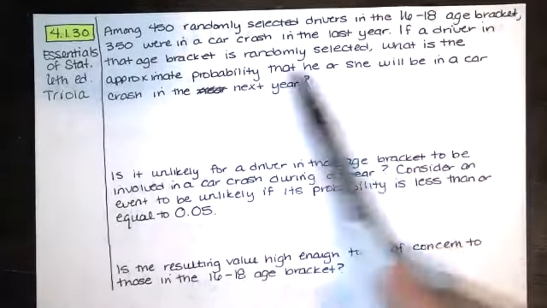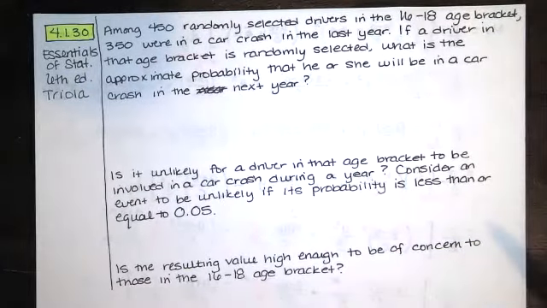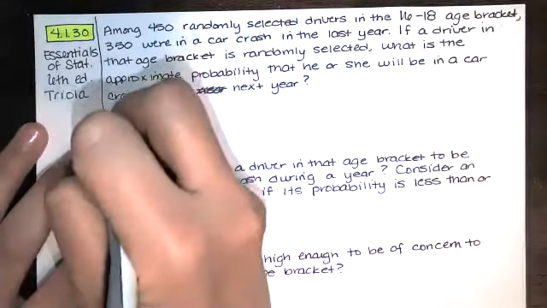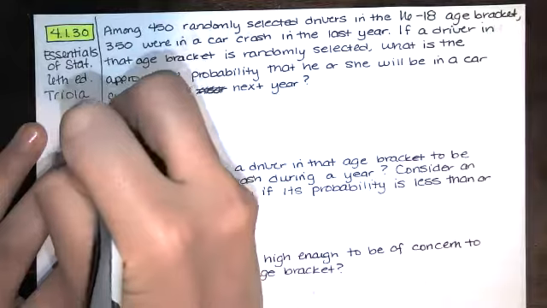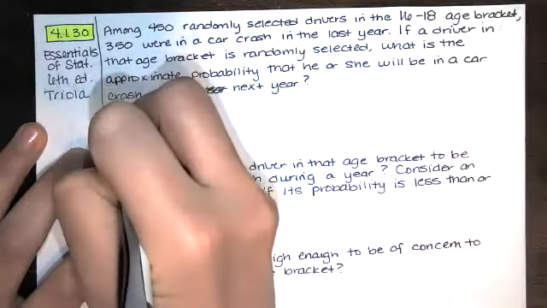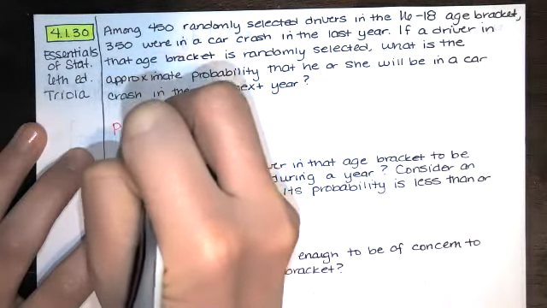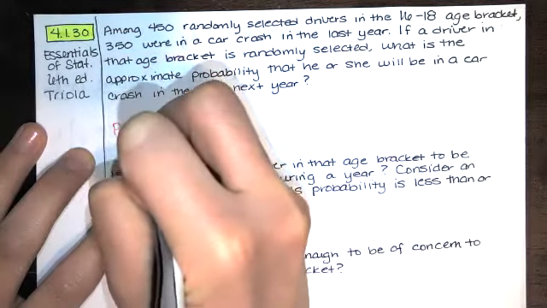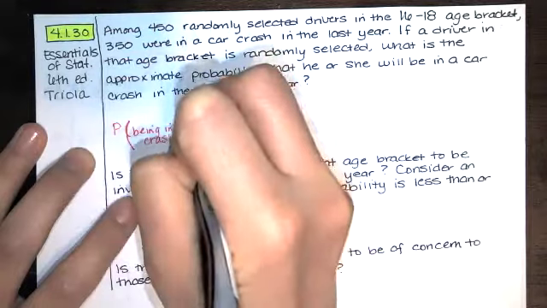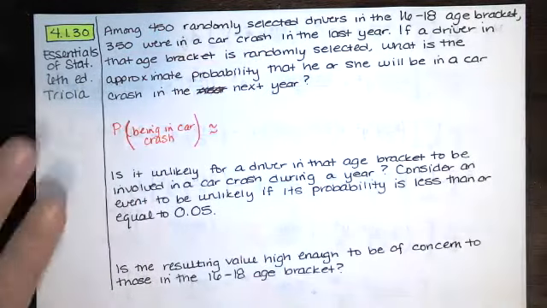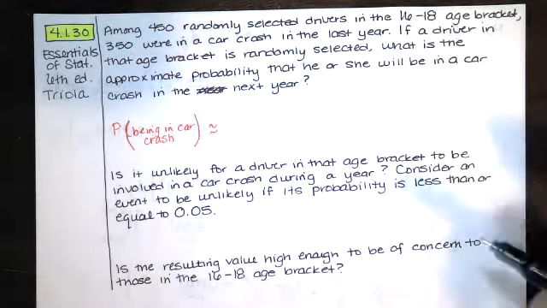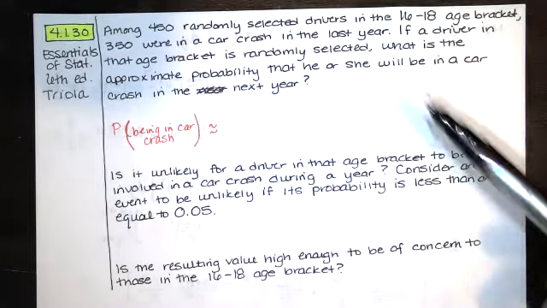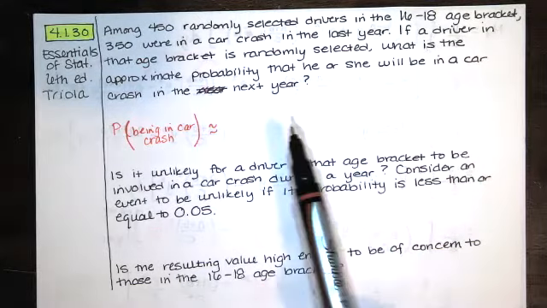So we've got this data, so we're going to have to use the relative frequency approach for probability. And we know that with the relative frequency approach, the probability of being in a car crash for those in the 16 to 18 age bracket is approximately equal to this ratio based on data from the past, data that we have.